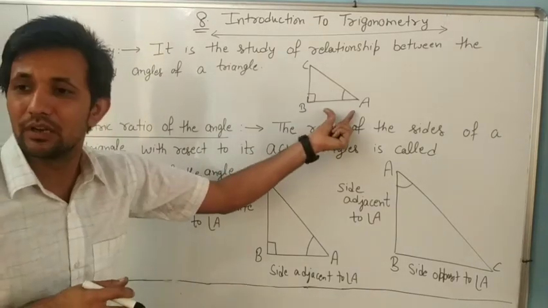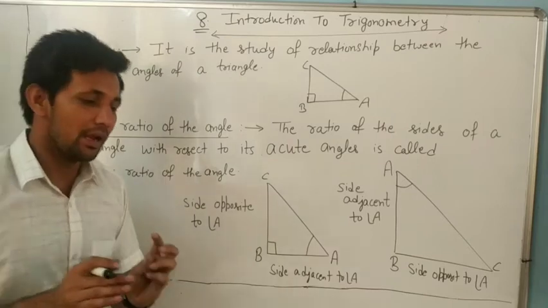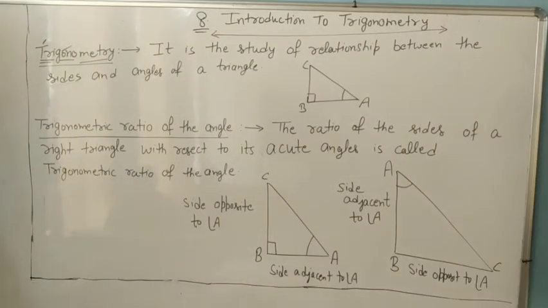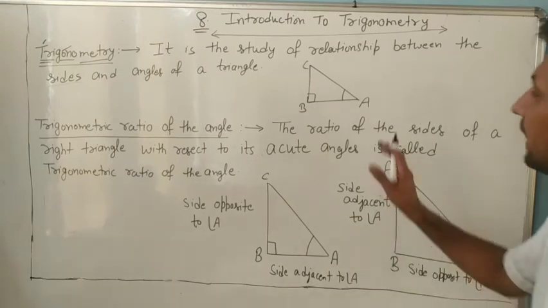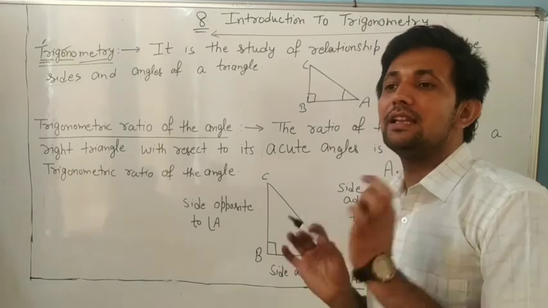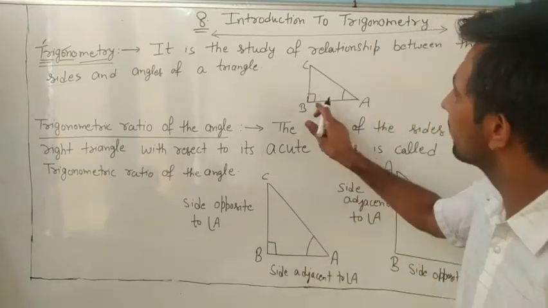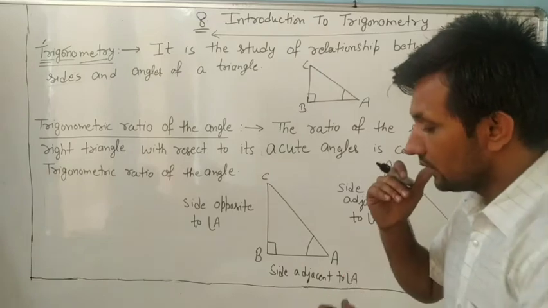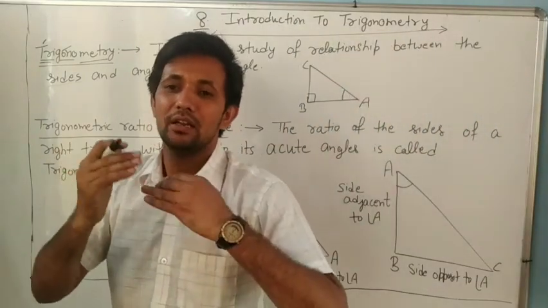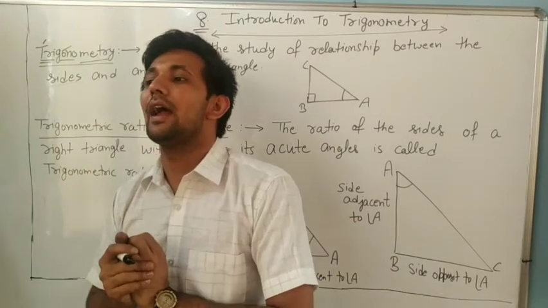It is a right angle triangle. In the 10th class we will only use right angle triangles here. Everyone knows what a right angle is: one angle is 90 degrees. So in this chapter we will discuss the relation between sides and angles.